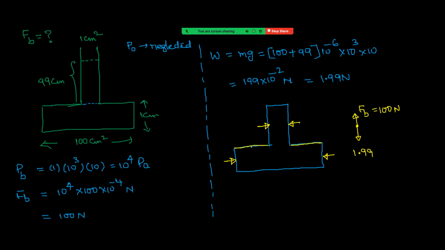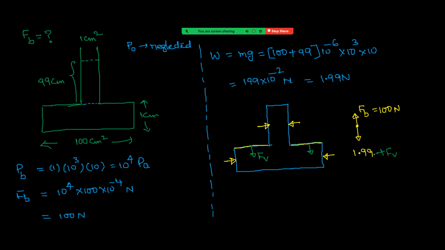We have discussed that the force by the vessel on the liquid is always normal to contact. It will be vertically downwards. I'm taking it as vertical, meaning F suffix V. So by the vessel along vertical, it is downwards.